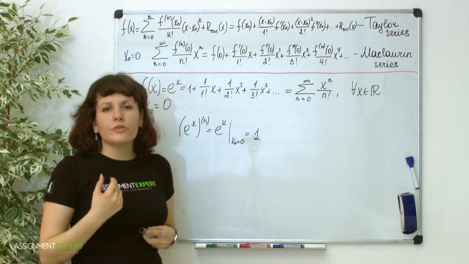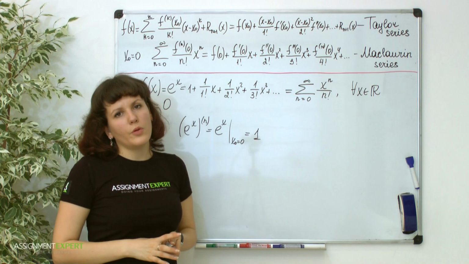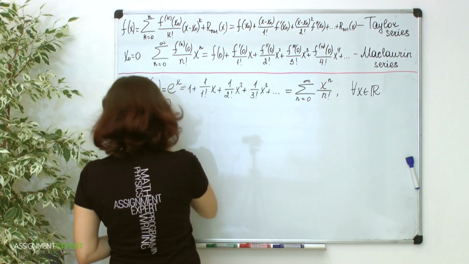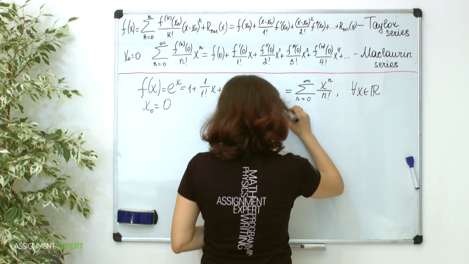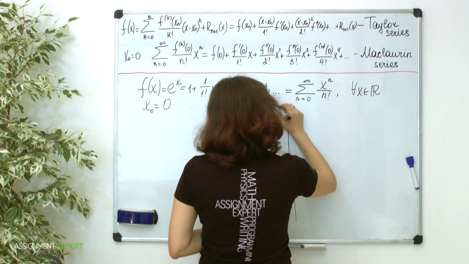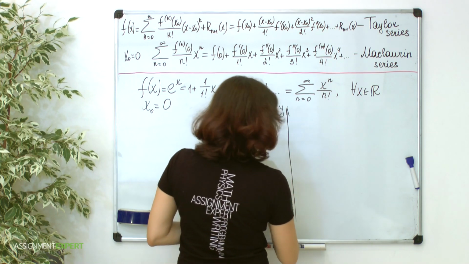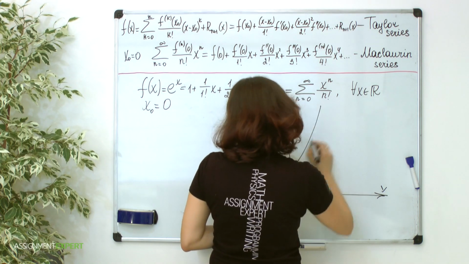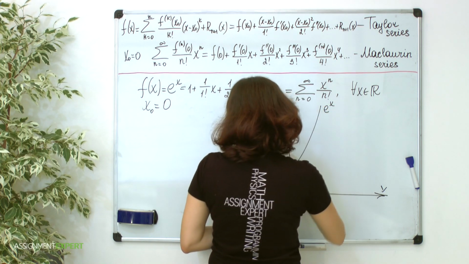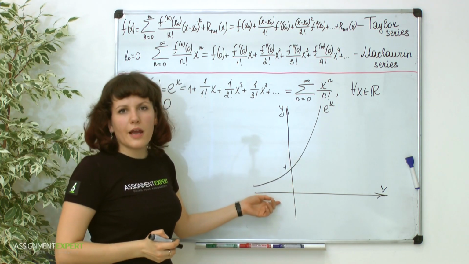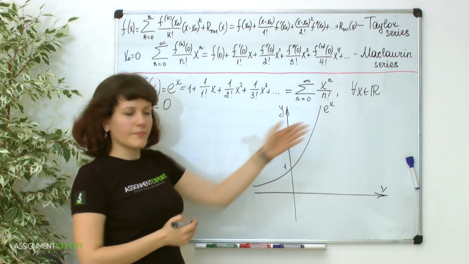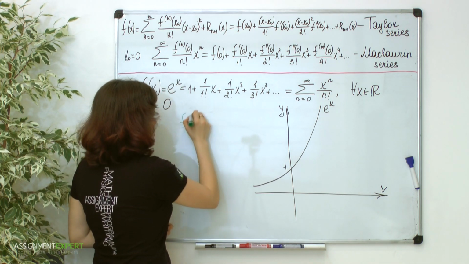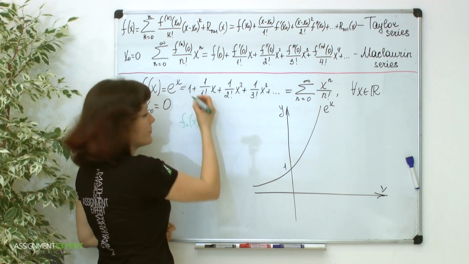Okay, now to illustrate this formula, let's graph a couple of approximations. Here we can see the graph of our function exponential of x. The 0-degree approximation f0 of x equals 1.